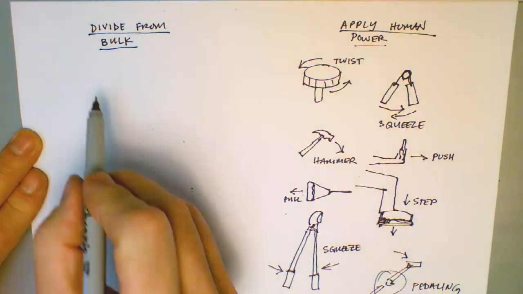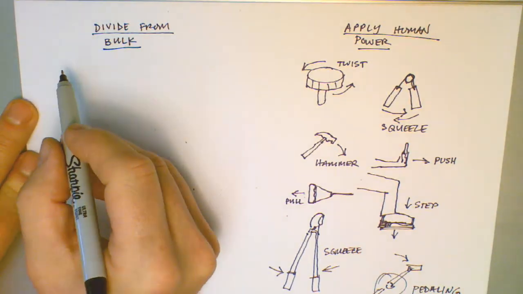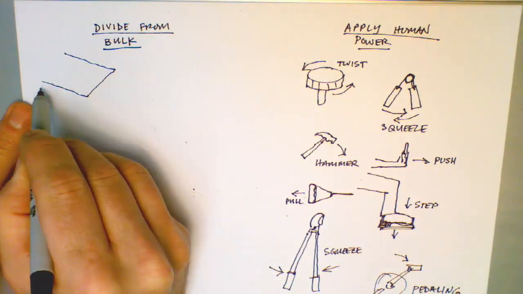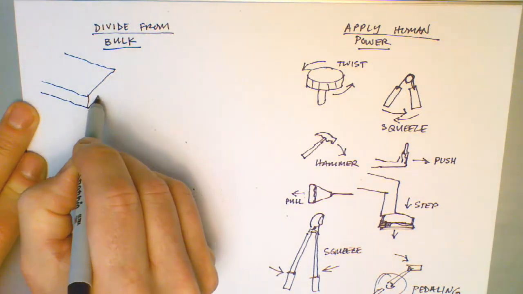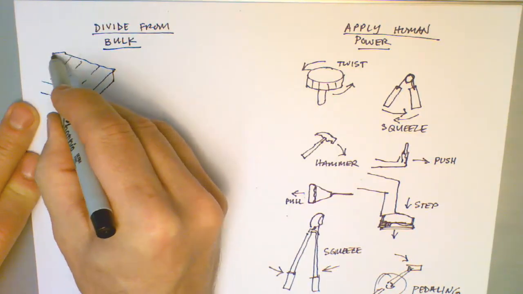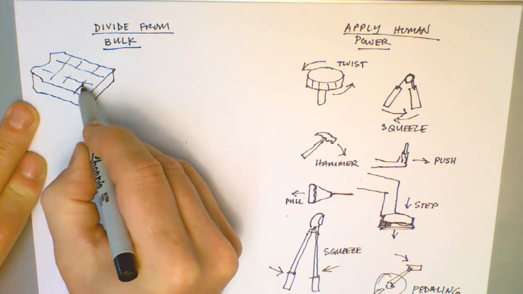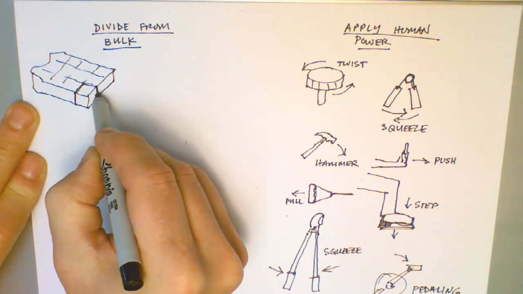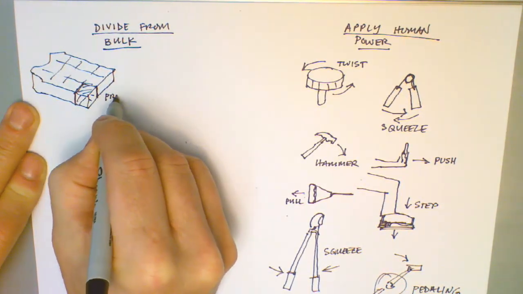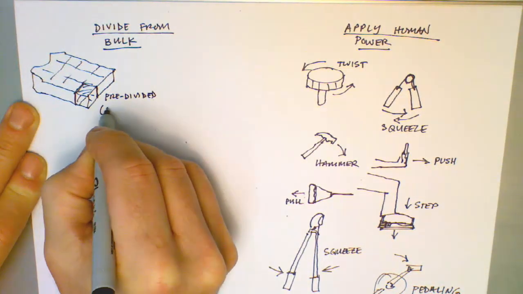Okay, so now let's do the same thing for dividing from bulk. What are ways that things are divided from bulk? I don't know, you might imagine a bulk sheet of material and imagine that it's perforated, and so I'm going to call that pre-divided, and break.